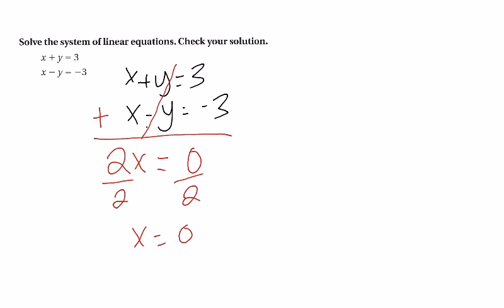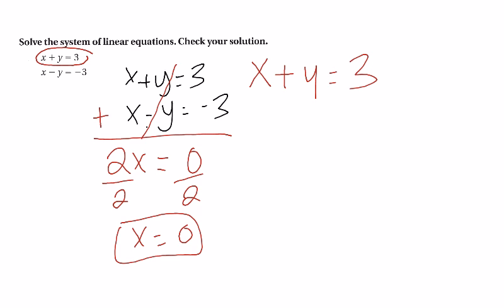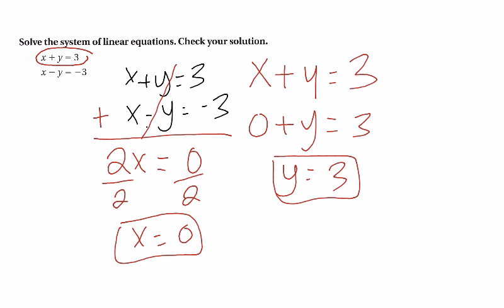Let's go ahead and plug it back in to find what our y is. I'm going to plug it into the first equation: x plus y equals 3. And we know that our x is equal to 0, so 0 plus y is equal to 3. That means y is equal to 3. So in this case, your solution here is (0, 3).